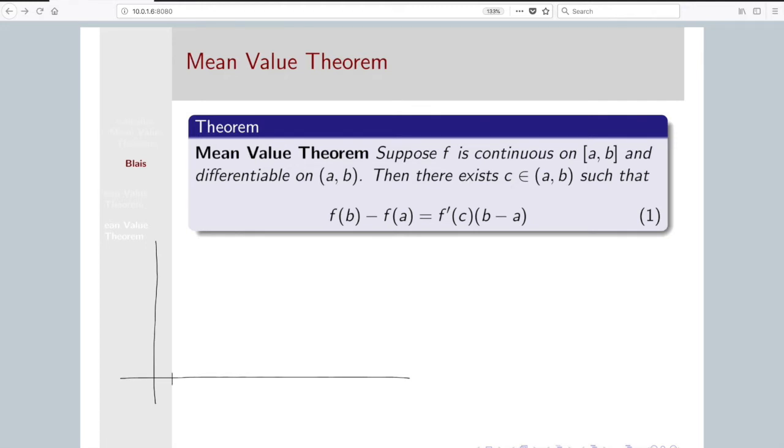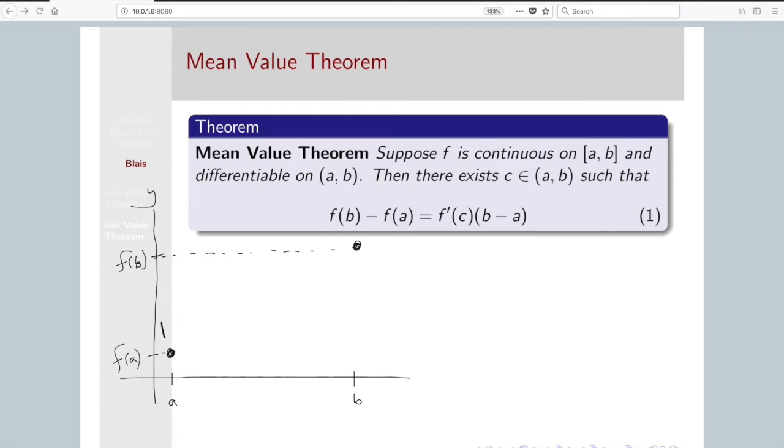So we're working on the interval AB. Our function f of x is differentiable on AB, and so we have to draw it in a smooth way. Suppose down here we have f of a, and then up here we have f of b. Now again, we have to draw the function in a smooth way connecting the points. Why don't we name these points?